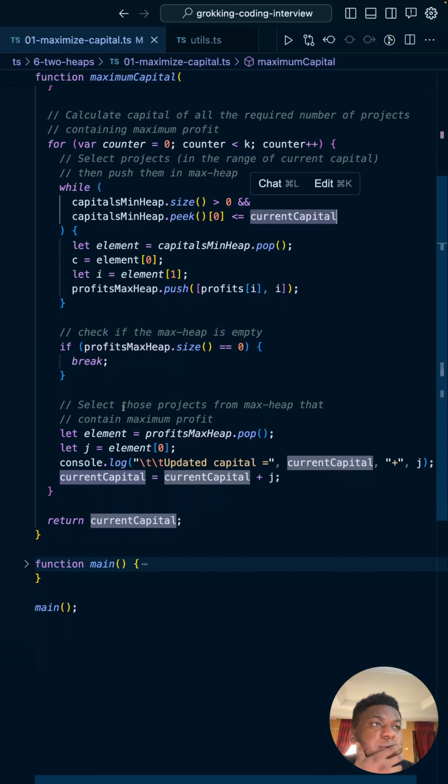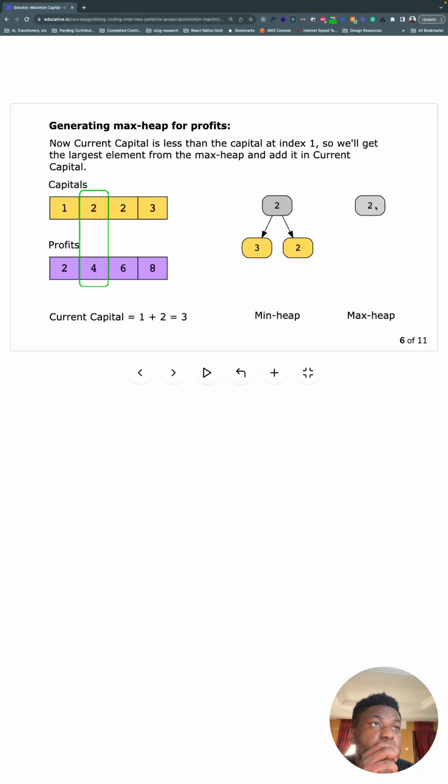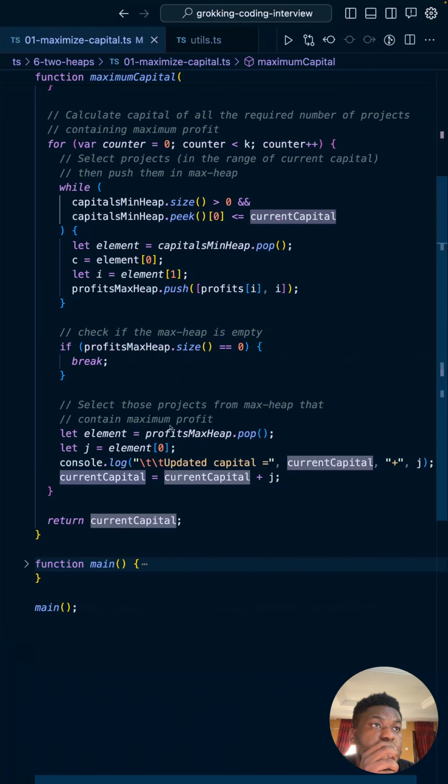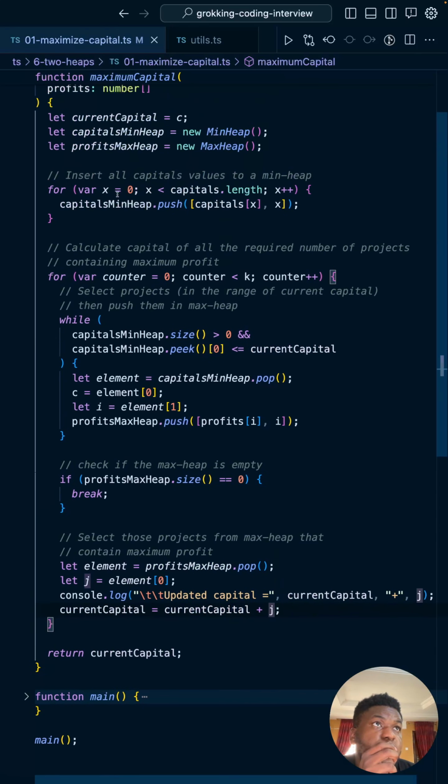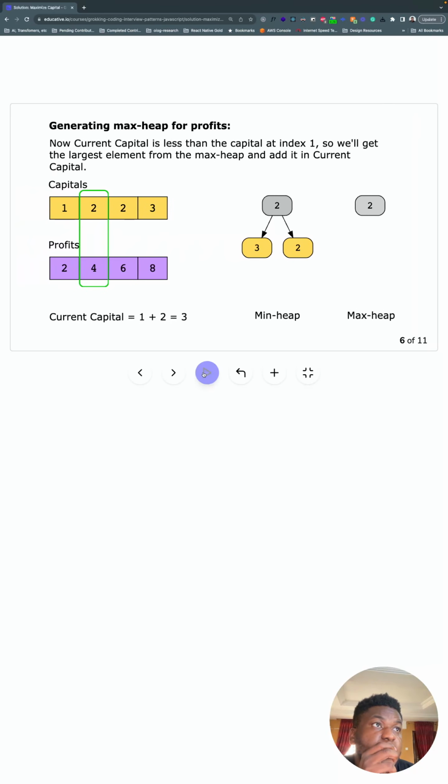So instead, okay, we know that he can get this profit, so we pop the profit, the 2, from the maximum heap, and we add it to the current capital so that we come again with a current capital of 3 this time, and we can afford what's up here.